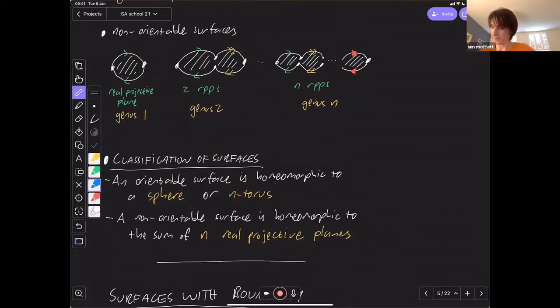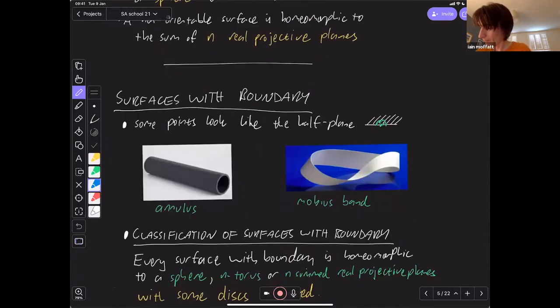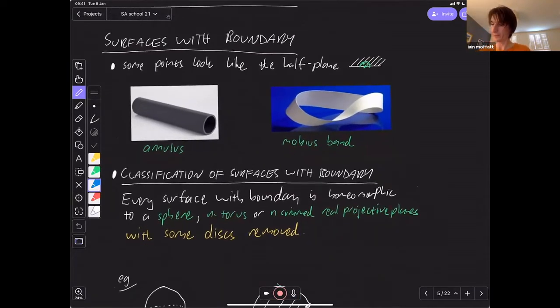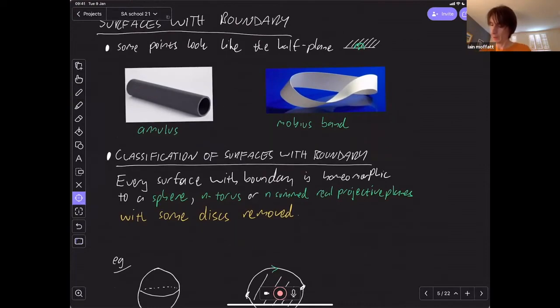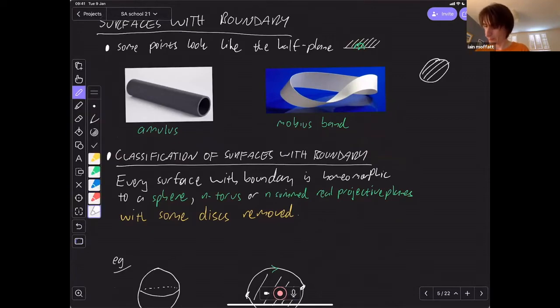Okay, so this classification of surfaces is really useful to have to hand, and we'll come back to this. One other thing we'll use is surfaces with boundary. Okay, so for a surface, what do we have? We have that each point locally looks like a copy of the plane or some open disk. But what can happen with surfaces with boundary is that we have some points that look like the half plane.